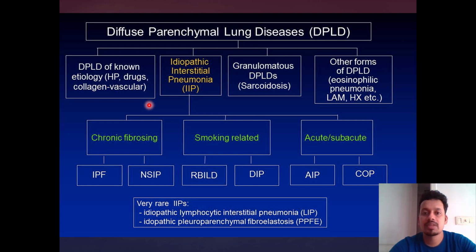To summarize, we have seen all these case scenarios. We saw IPF as a patient who was in their late 60s, who was a smoker, who came with clubbing, and the CT showed classical features of bilateral basal predominance, reticular abnormalities, honeycombing with or without traction bronchiectasis.